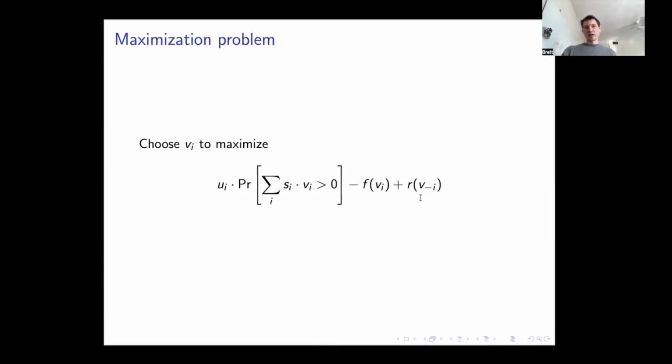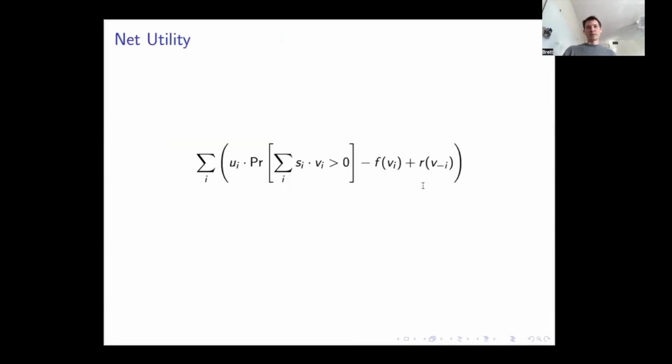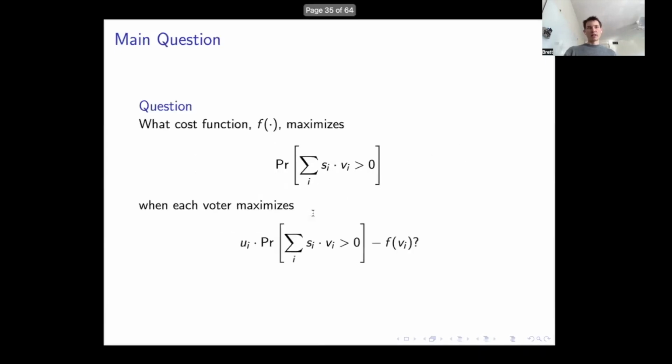This is their welfare: they get u_i times the probability of the good option, minus their cost, plus the redistribution. If we sum this up over all the voters, the cost of the votes and the redistribution cancel, because that's what we assumed with the budget-balanced redistribution. And then the u_i's all come out. So the maximization problem really is just maximizing this probability.